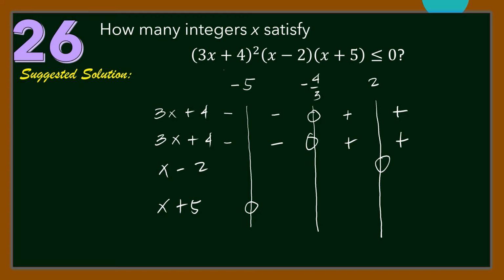In the interval (negative infinity, 2), any test point would result in a negative value for x minus 2. While in the interval (2, positive infinity), substituted to x minus 2 gives a positive value. In the interval (negative infinity, negative 5), substituted to x plus 5 yields a negative value. On (negative 5, positive infinity), any test point will give a positive value when substituted to x plus 5.